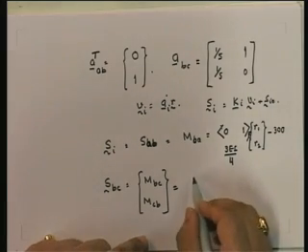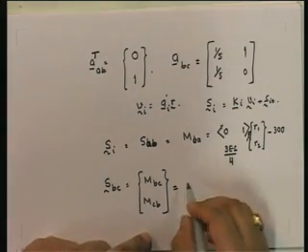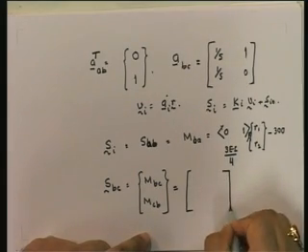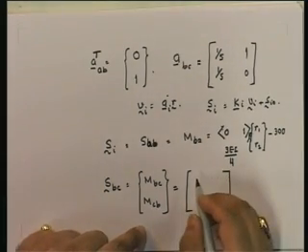For this, M_AB is equal to 4EI by L, and 4EI.